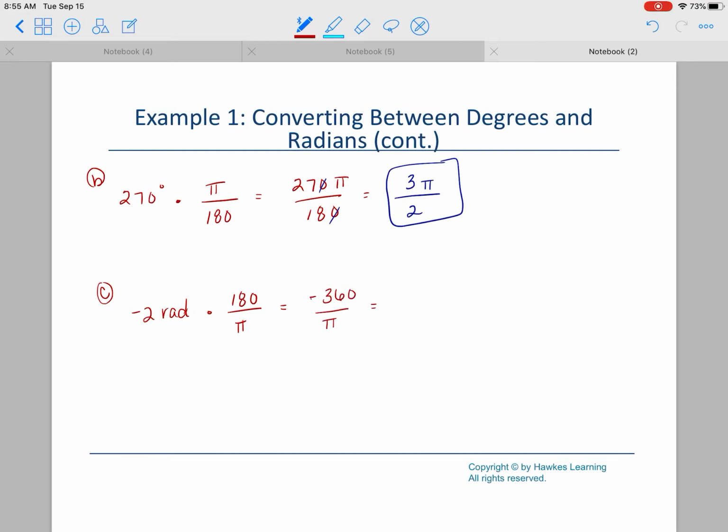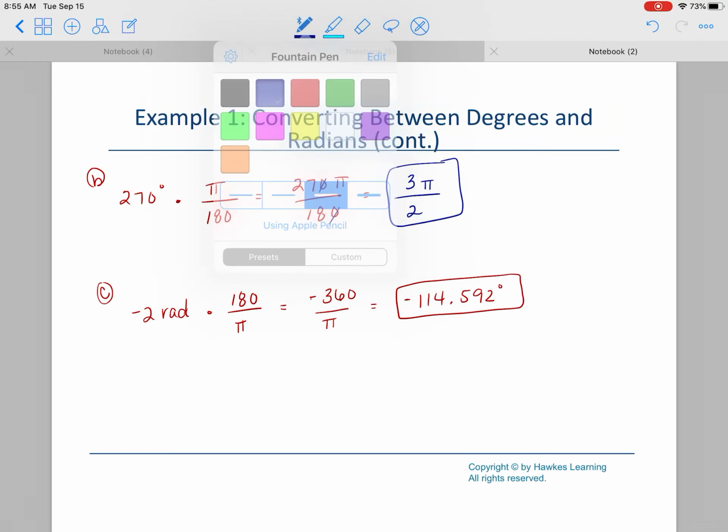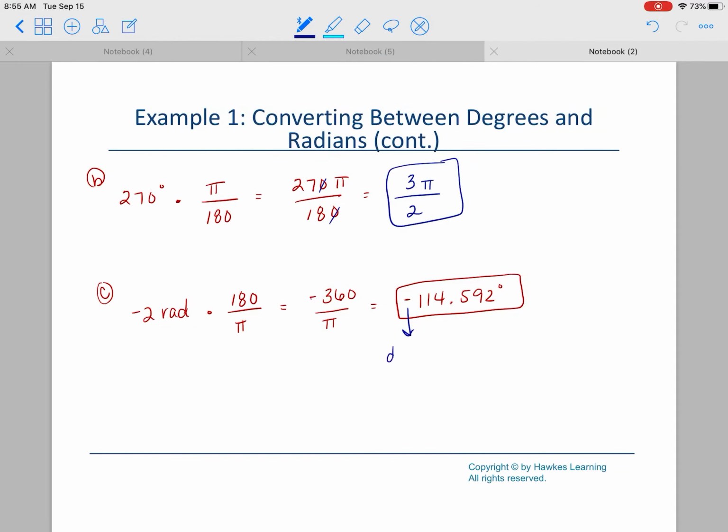I'm just going to take my calculator and divide that. That gives me about negative 114.592 degrees. Now, can we necessarily have a negative angle? No, we can't. The negative here, and we've got to be very careful, tells us our direction around the unit circle.